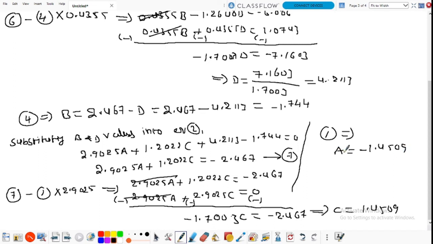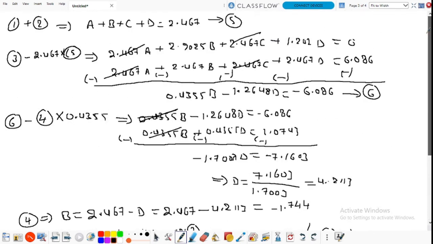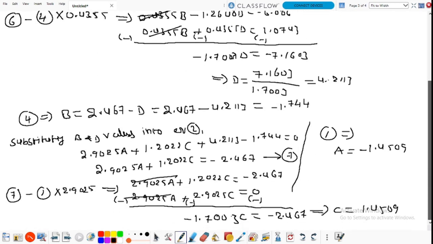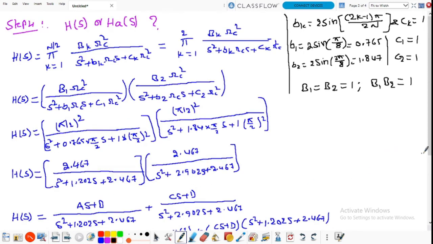This is the capital A value, capital C value, capital D value, and capital B value. Substitute the ABCD values into this equation, and we get the analog filter system function.